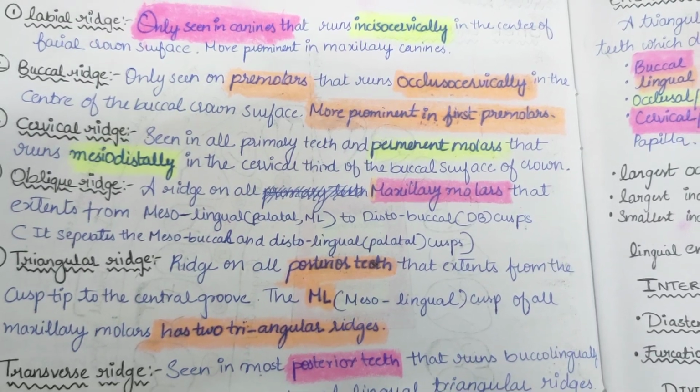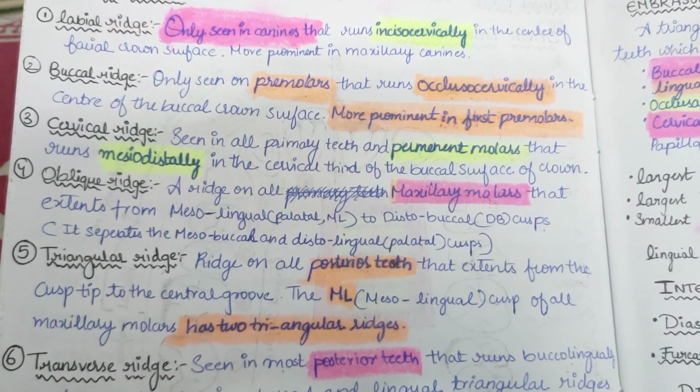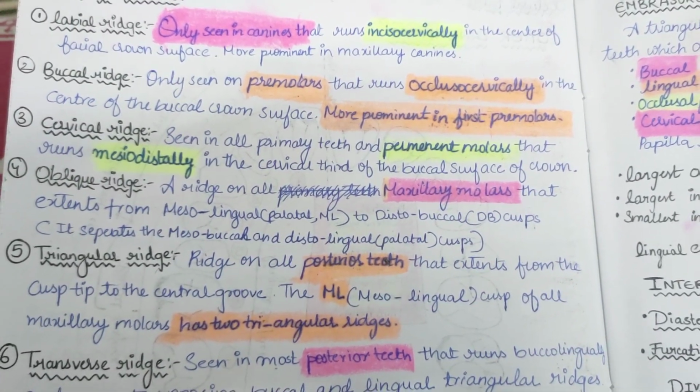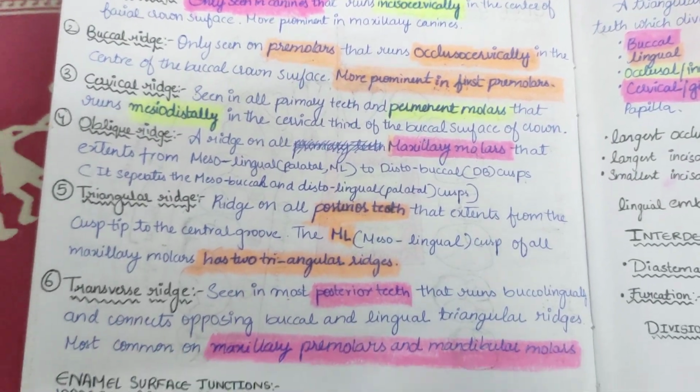So we can say mesiopalatal or ML to distobuccal cusps. And see, it separates the mesiobuccal and distolingual or distopalatal cusps.